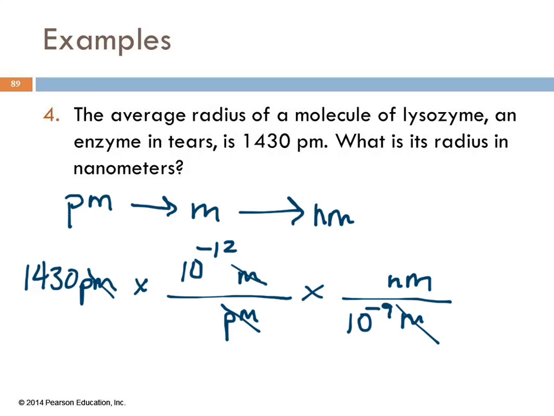Now when I put this into my calculator, I'm going to, in my head, think of this as 1 times 10 to the minus 12 and 1 times 10 to the minus 9. So the buttons I'm pushing: 1430 times 1 EE minus 12 divided by 1 EE minus 9 equals.